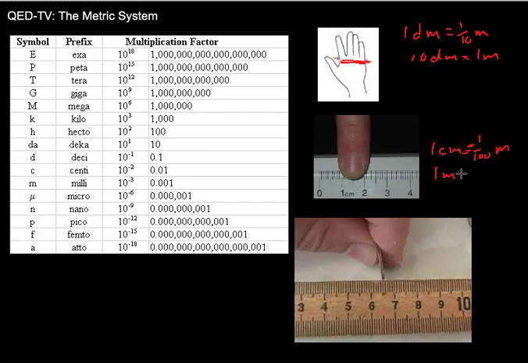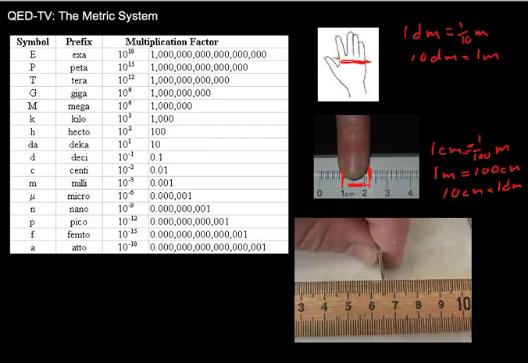So 1 meter would equal 100 centimeters, and therefore there are 10 centimeters in 1 decimeter. So there'd be 10 centimeters across the width of your hand. A centimeter is about the width of your pinky. If you put your pinky on a ruler, you'll see that it's about 1 centimeter of width. So 10 of these pinkies would go across your hand, and that would be 1 decimeter.